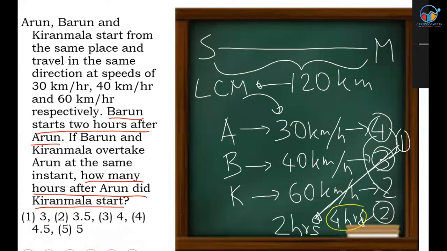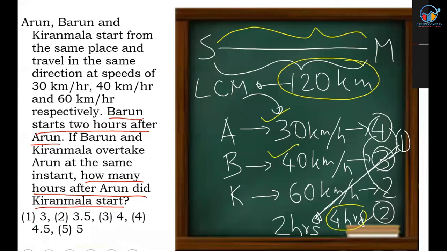So I'll quickly repeat what I said. I said that the distance between the starting point and the meeting point of all these three friends is same. That distance I am taking as the LCM of the respective speeds, which is why the corresponding time taken will be 4 hours, 3 hours, and 2 hours, respectively.